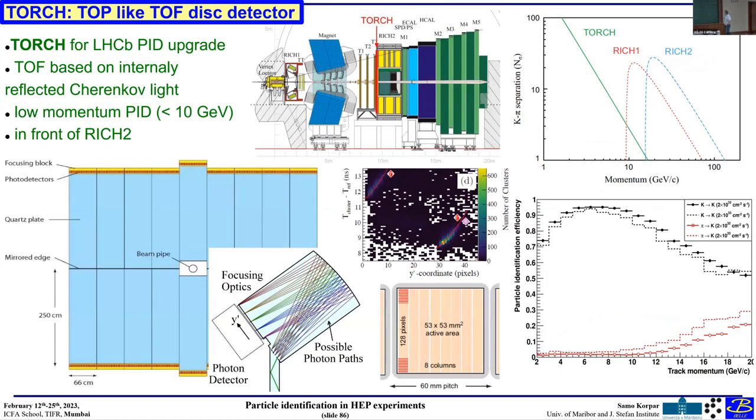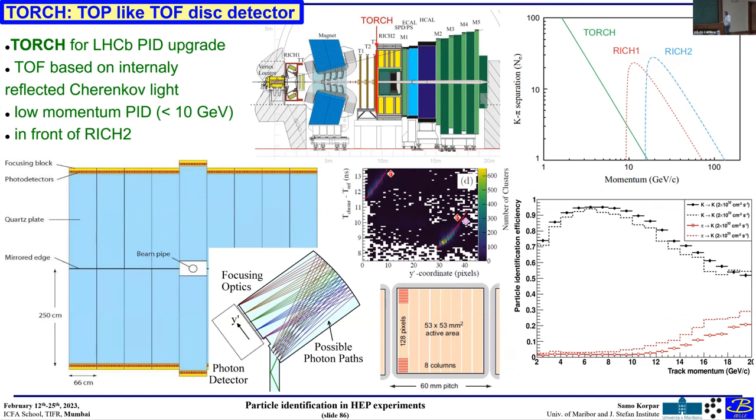Now, for the end, there are several developments for TOP-like time of flight detectors. One is the upgrade of LHCb for the next upgrade, which is TORCH. This would replace the efficiency in the lower momentum range that was supposed to be covered, I guess, by the aerogel. And it would be in front of RICH 2.